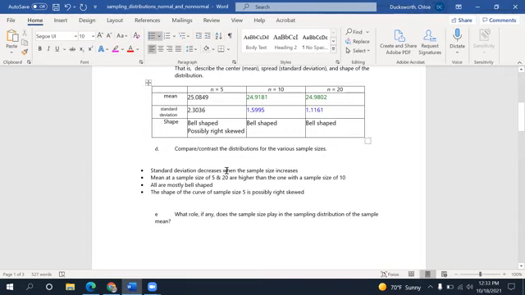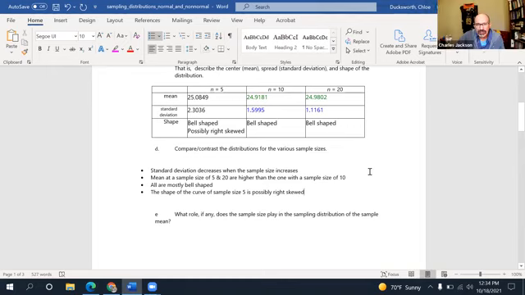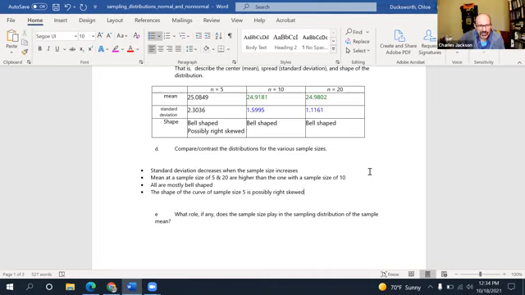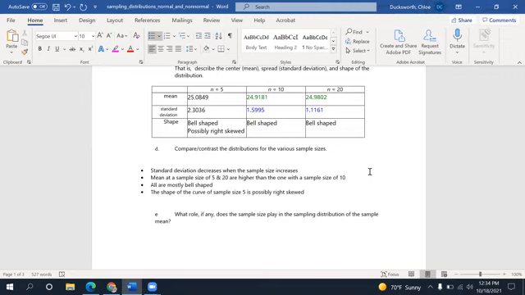Anything else? That's all I can figure out from the table. I'll just point out something for everyone, in case anyone's having trouble contributing, just to help out a little bit. When it says the distribution, it's talking about the sampling distribution of the sampled mean.